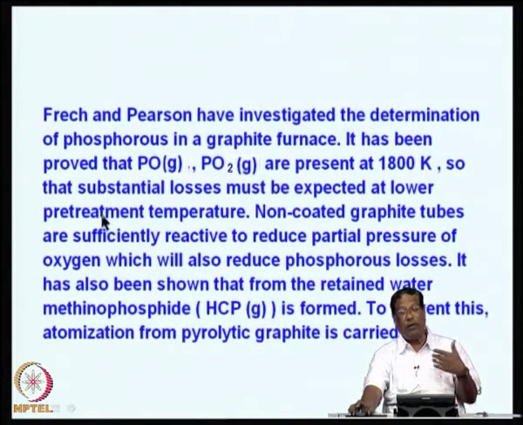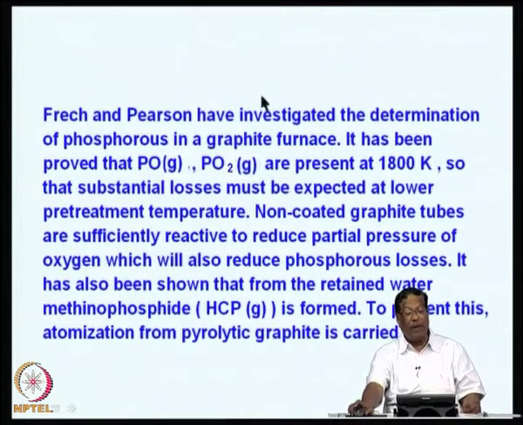That means, whenever you have phosphorus in the form of an aqueous solution, the pretreatment temperature should be much lower than the appearance temperature. This they have calculated only from thermodynamic principles.